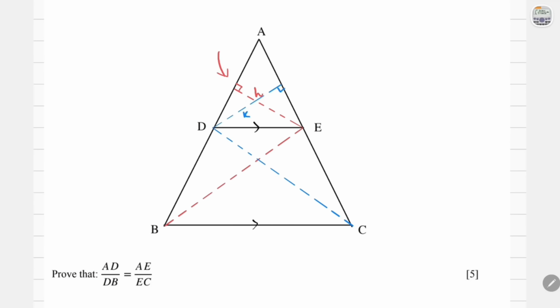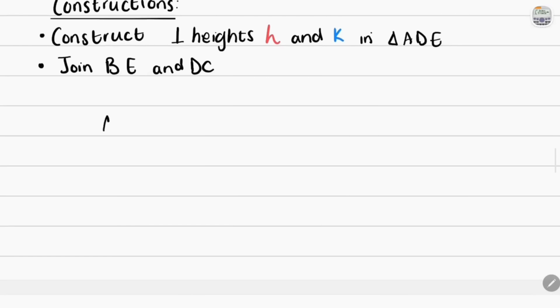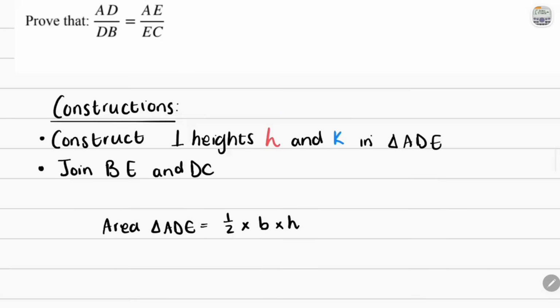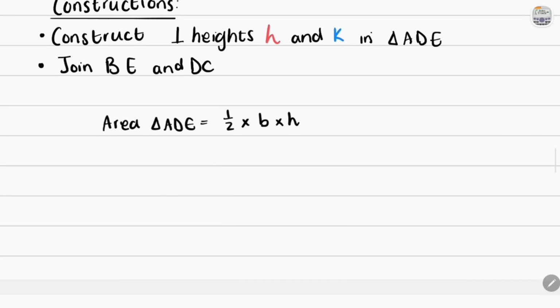So looking at this triangle with the base AD, we're saying that is triangle ADE. And we're going to find the area of triangle ADE. And this is equal to a half multiplied by our base multiplied by our height. But let's go ahead and see what the base is here. We already said the base is AD, and we can see that the perpendicular height that we have is H. So multiply by AD multiplied by this height of H.